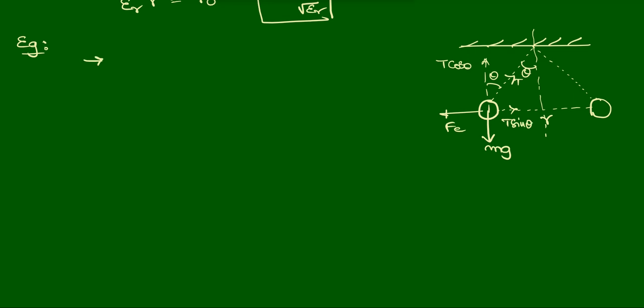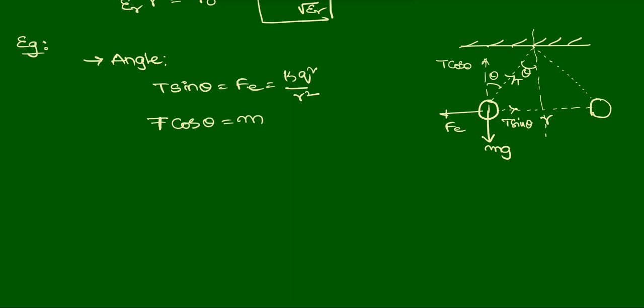Here, first they will ask you to find the angle. For that I can balance T sin theta with the electrostatic force, which is k q square by distance square, and T cos theta we can balance with mg, the weight of that object.